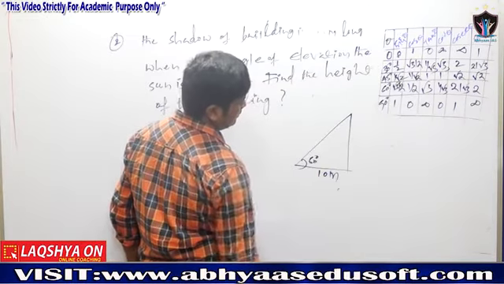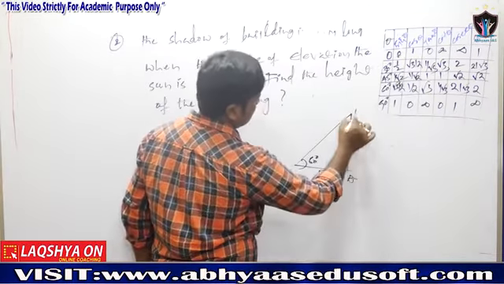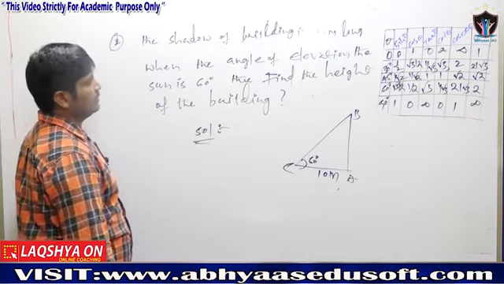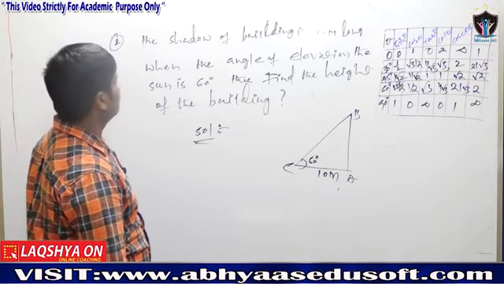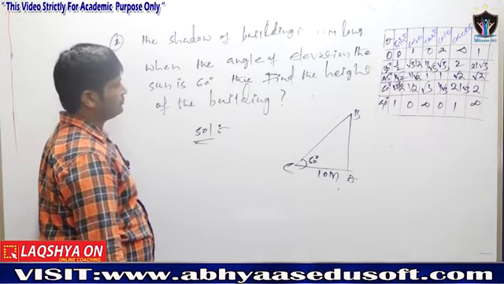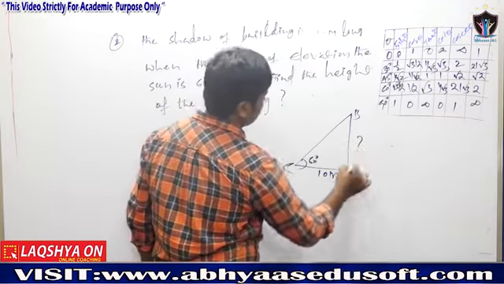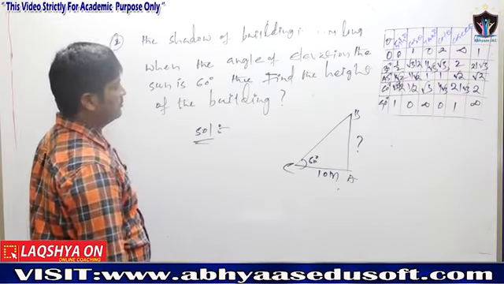Now this is A, this is B, this is C. Then find the height of the building. We have to find out AB.